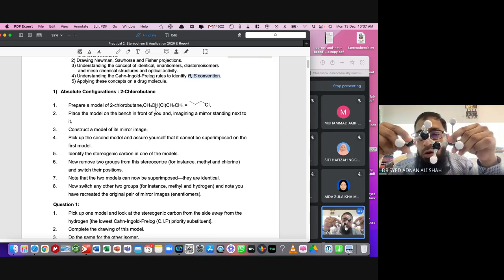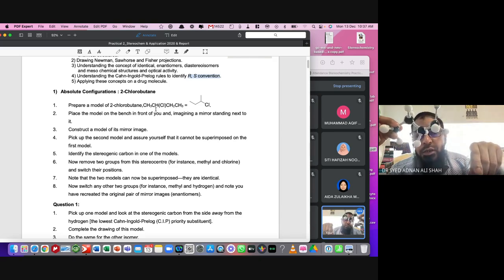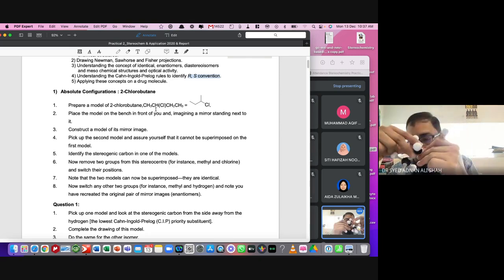This one is normal n-butane: carbon number one, carbon number two, carbon number three, carbon number four, right? So first prepare the model of 2-chlorobutane. 2-chlorobutane means chlorine on carbon number two, right?